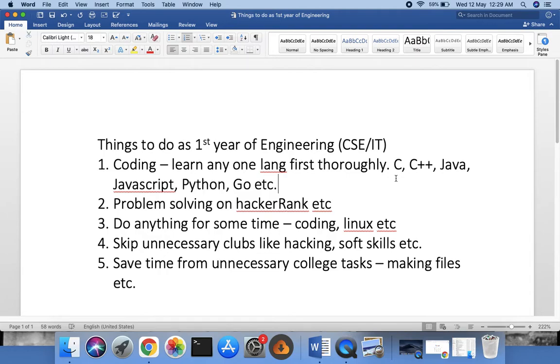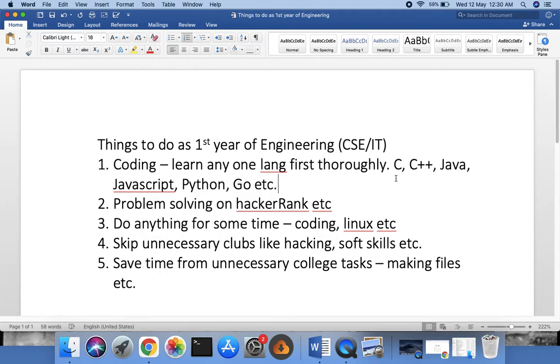Like when I was in college, I studied C language for around 6 months, and then I switched to C++. Then I learned C++ for around 2-3 months, and then I switched to Java, and so on. I never learned any language in depth during my college time, and that was actually a big mistake that I made, which now I realize after working for around 5 years in the IT industry.